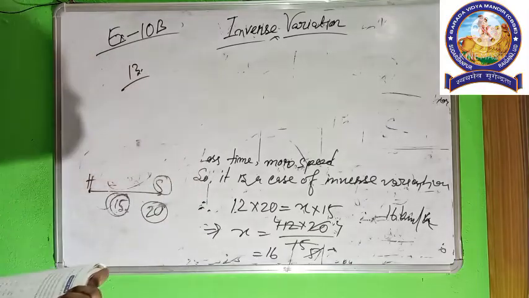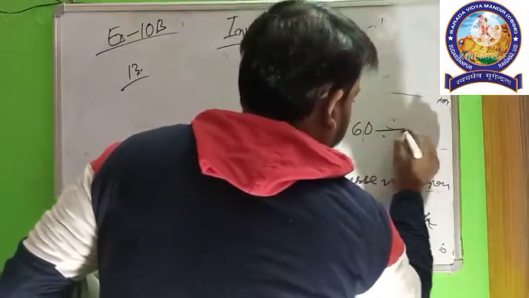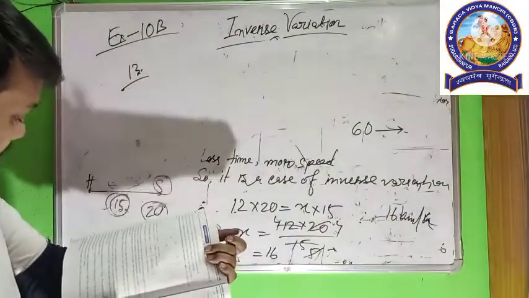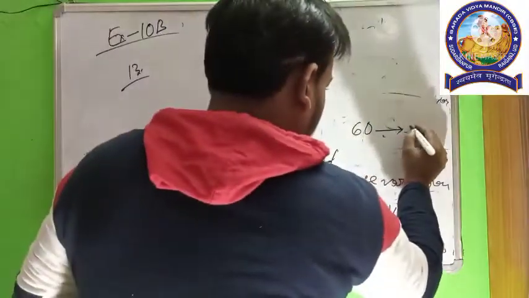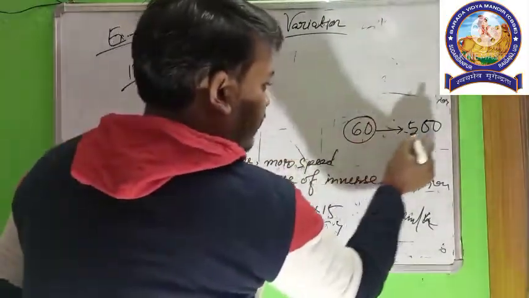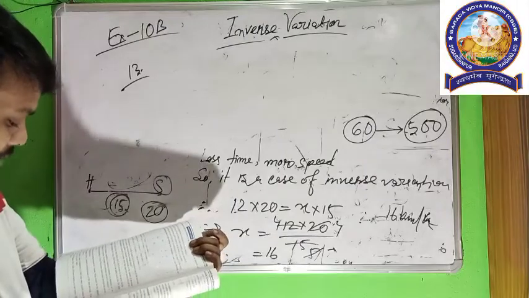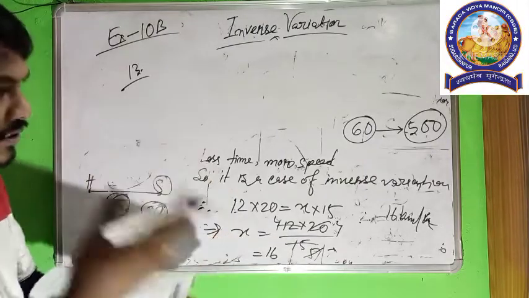That means 60 days ration. Number of days is 60 and number of students is 500. After 12 days, 300 more students join.